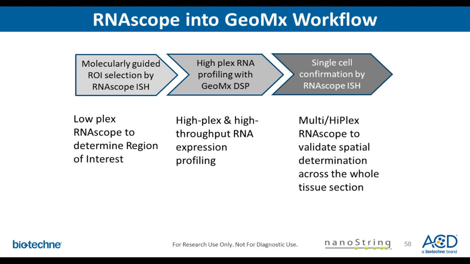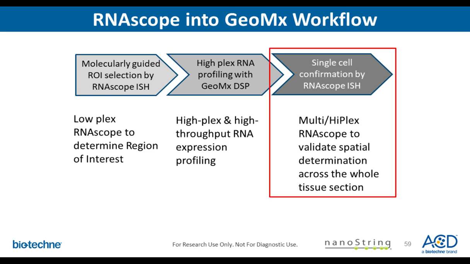As Chris said, this is a lot of data, and in this last step, since RNAscope can provide true single-cell resolution, we can use it to confirm expression of a handful of target genes that you might be interested in. So we can really hone in on specific regions of interest and confirm the expression of genes that might have functional significance while providing spatial orientation in your tumor tissue.